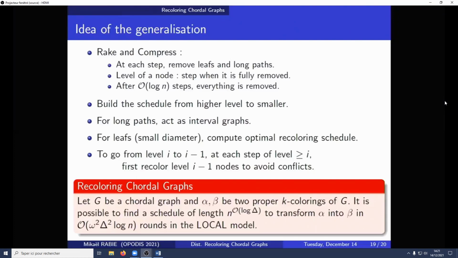And then we need to recoup everything, but this is why we get something that is exponential for the schedule. But still, because of the rake and compress, we still have some function of log n, and the constant in front of it is, as you can see, omega square delta square.